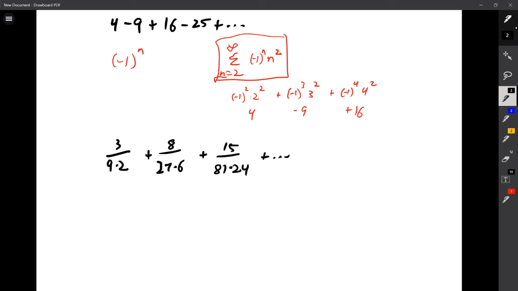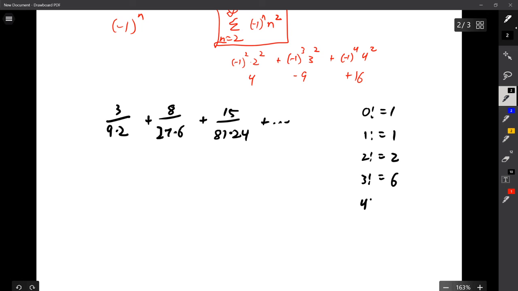So what we have is, well, 0 factorial is 1, for the same reason that something to the power of 0 is 1. I'll explain more of that in just a second. 1 factorial is 1, 2 factorial is 2 times 1, which is 2. 3 factorial is 3 times 2 times 1, so that's 6. 4 factorial is 4 times 3 times 2 times 1.